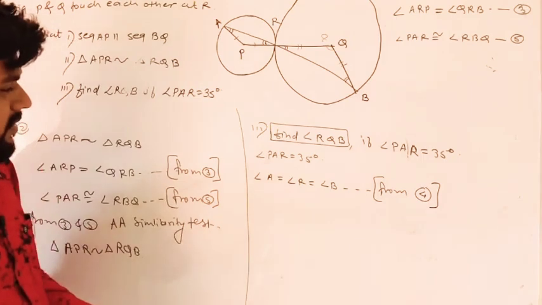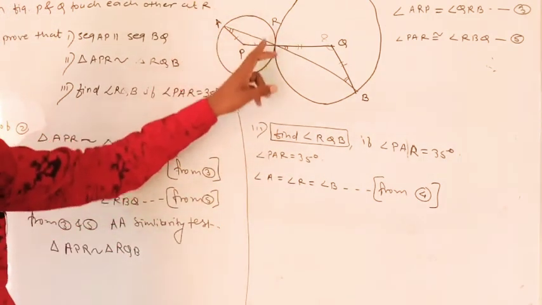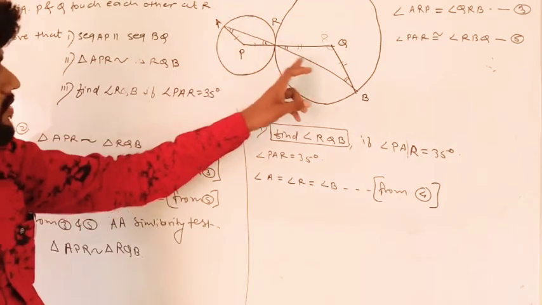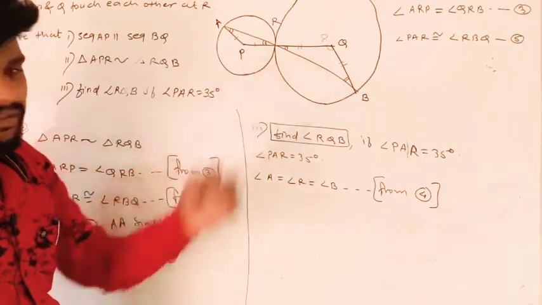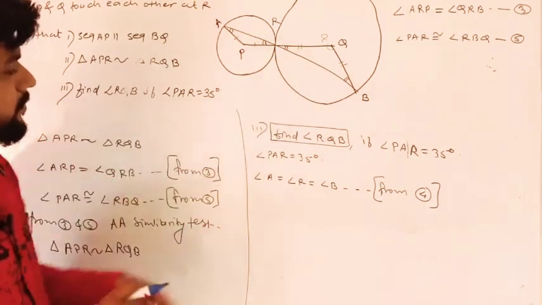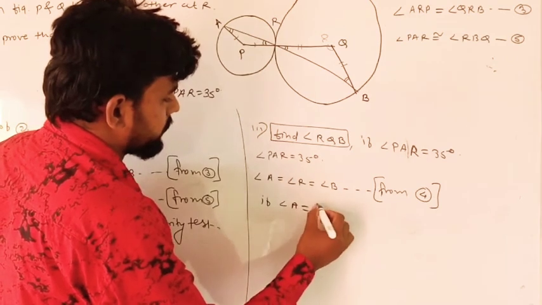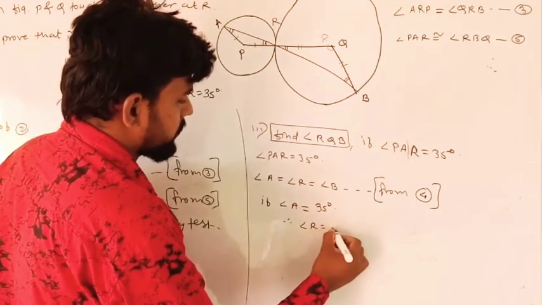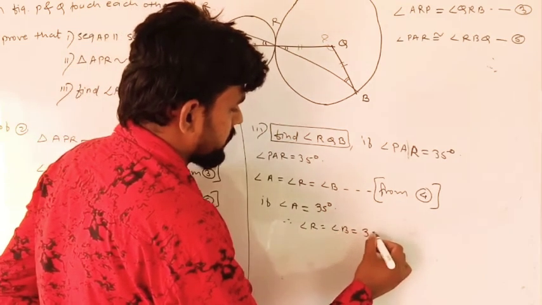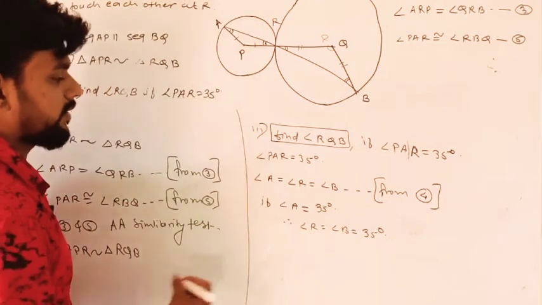I have to write in short: angle PAR is equal to angle PRA is equal to angle QRB. So if angle A is equal to 35 degrees, then angle R is equal to angle B is also equal to 35 degrees.